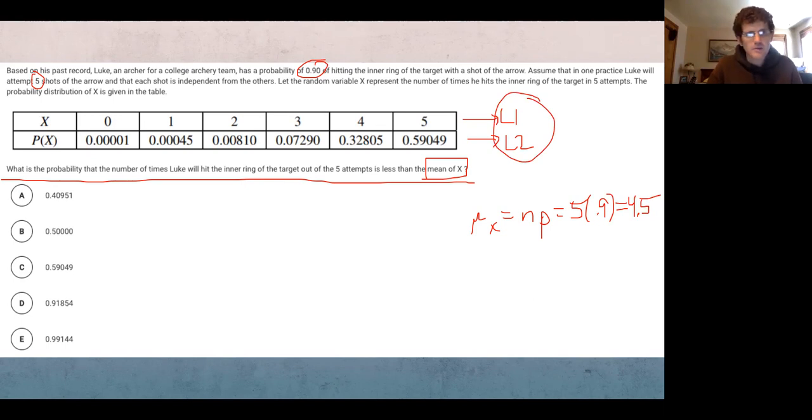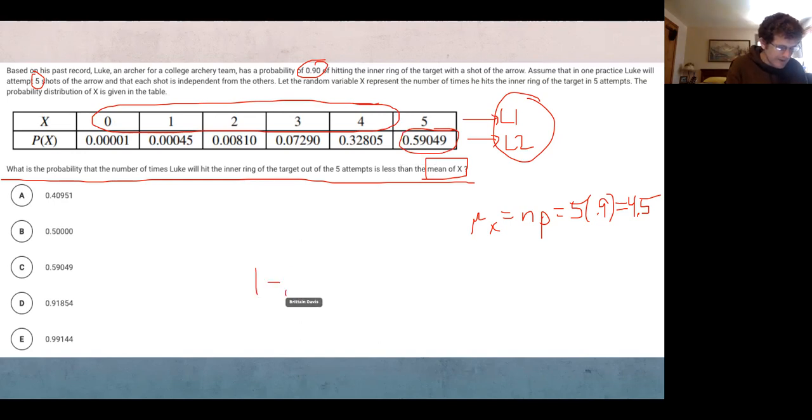So what's the probability that Luke will hit the inner ring of the target out of the 5 attempts less than the mean? So that's any of these outcomes. And of course, maybe in my mind, the simplest thing to do is just take the complement. So this is a probability that he's over the mean. So 1 minus 0.59 essentially gives me 0.41. So there's my answer.